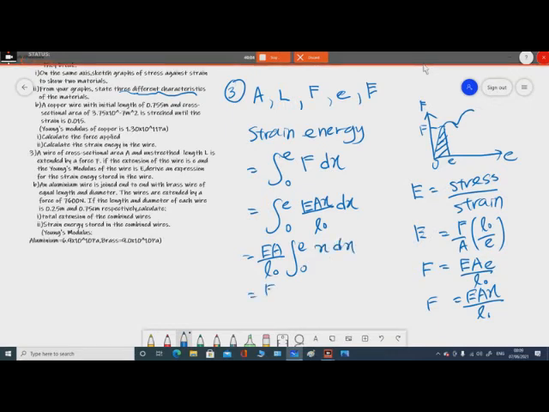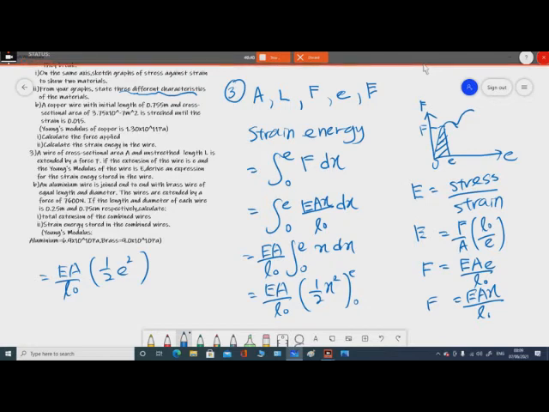So EA over L naught times half x squared, from 0 to E. And finally, let me write it here, EA over L naught is half E squared. So this 0, we know that it's equal to 0. So this is the final answer we got.